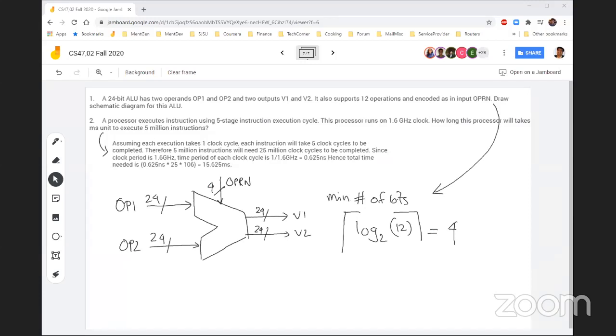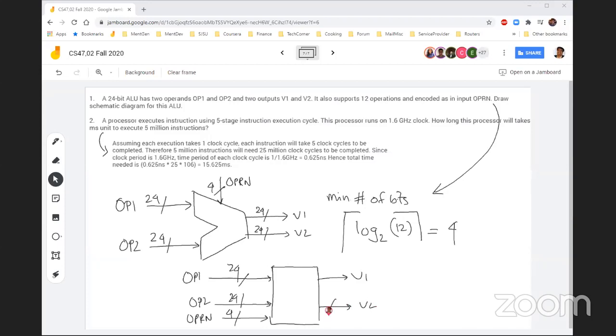If you don't want to draw this specific structure for the ALU, you can always draw a box like this: OP1 and OP2 of 24, OPRN of 4, V1 and V2, each of them 24 bits.